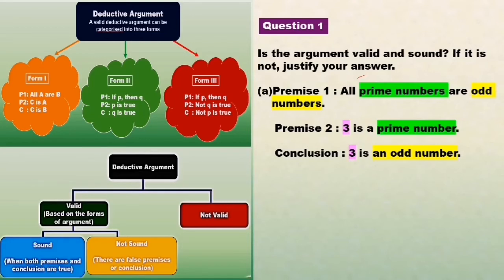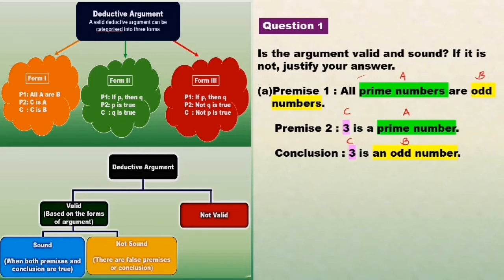So we label the letters A and B. 3 is C, C is A, C is B. Okay, so this is a valid argument because it complies with a valid form of deductive argument.